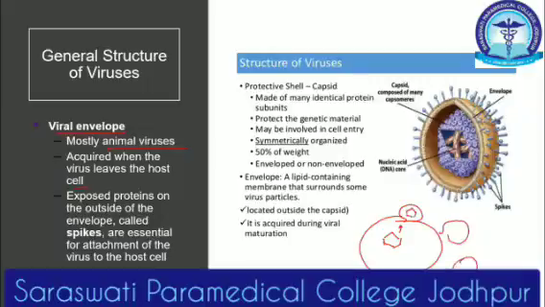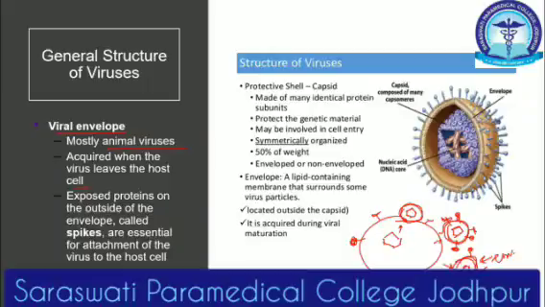Once they bulge out from the host, a portion of the cell membrane from the host cell is captured, and that becomes the envelope. As we know, the host cell surface contains many receptors and other protein molecules, so that is why the envelope of the virus contains many of those cell surface protein structures, known as spikes.